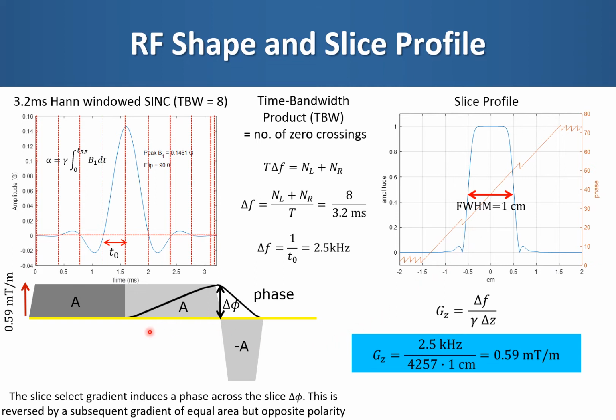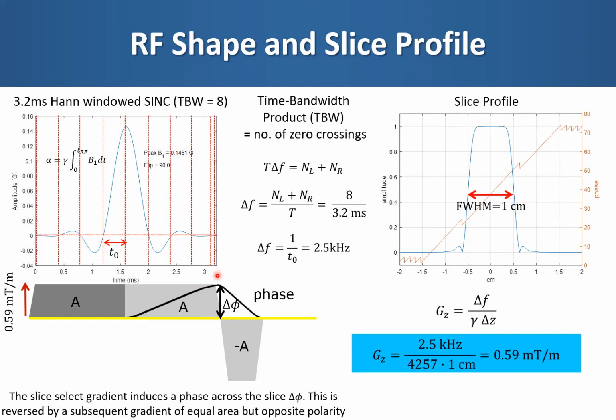As we have previously discussed, any gradient will induce a phase, and in the same way the slice select gradient will induce a phase in the spins across the slice. If we take the start of the pulse at the magnetic center, then we gain phase as shown here.